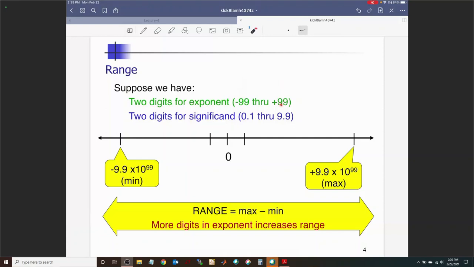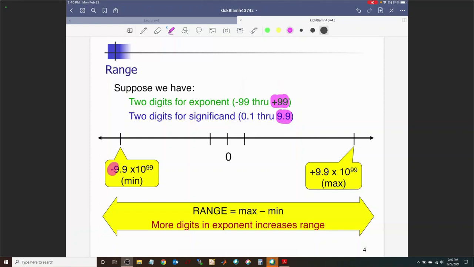Now, if you put these two on a number line and look at the range, you can see that the smallest number you can represent using 2 digits for exponent and 2 digits for significand is going to be negative 9.9 times 10 to the positive 99.